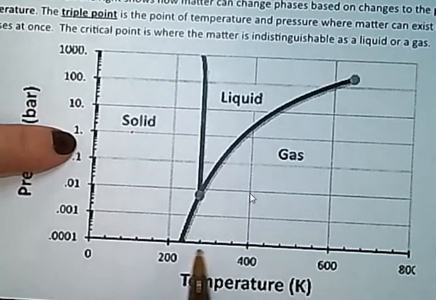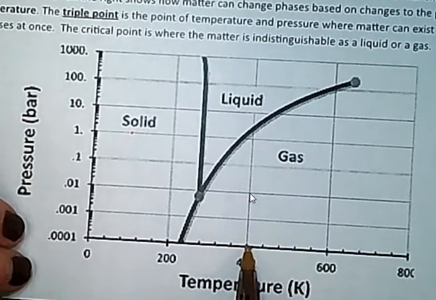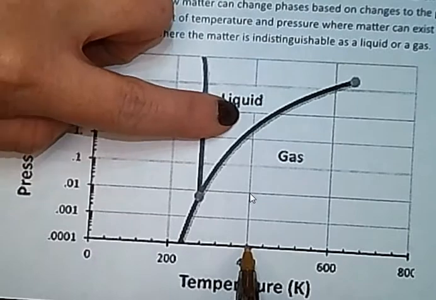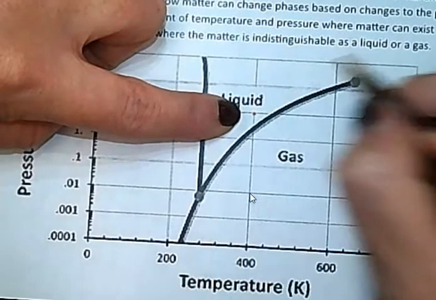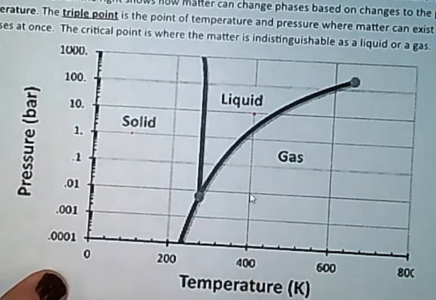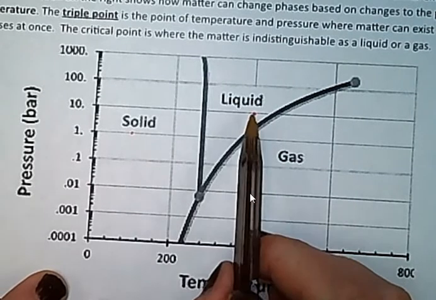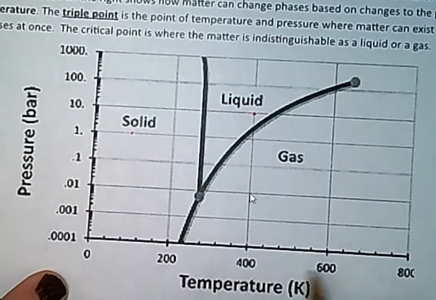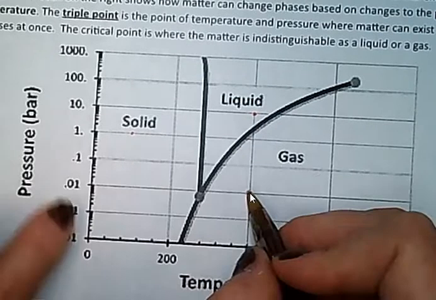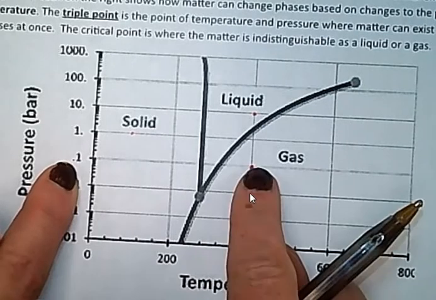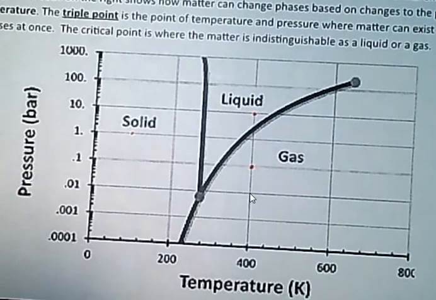If I increase that temperature to maybe 400 and the pressure to 10, I could take that same substance and now it's in the liquid phase. 400, 10 bars of pressure, I have a liquid phase. Over here, if I was at 400 and 0.1 pressure, like an ordered pair, I would have a gas. So those are the three ways that it can be.